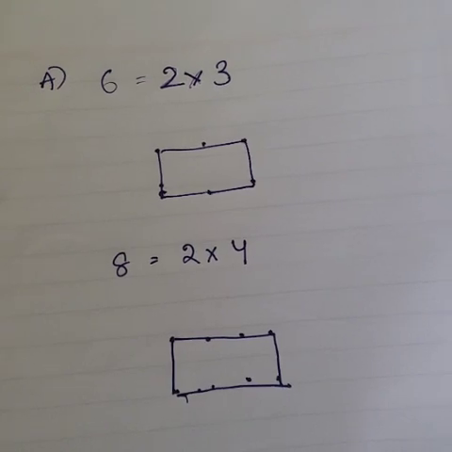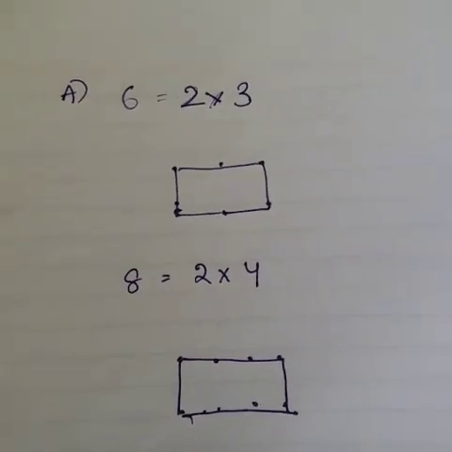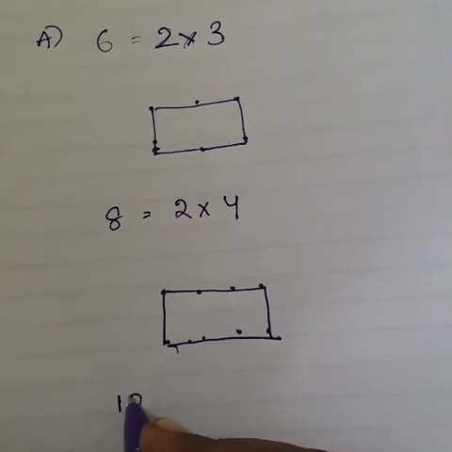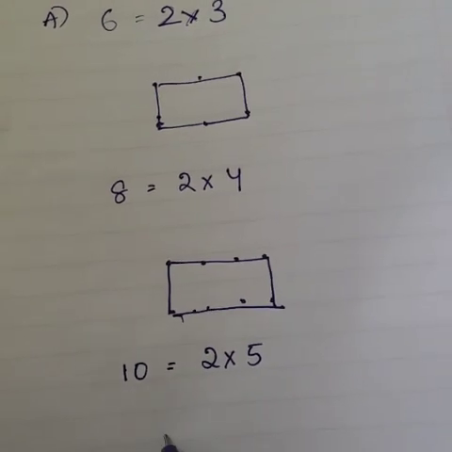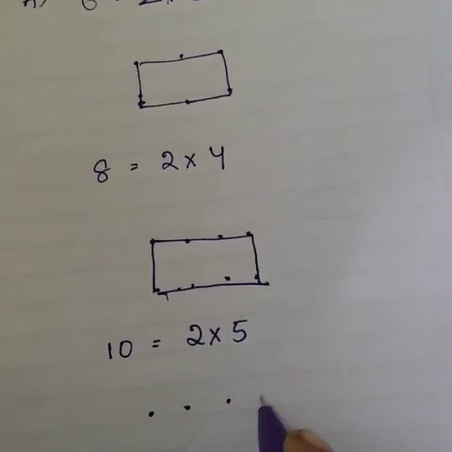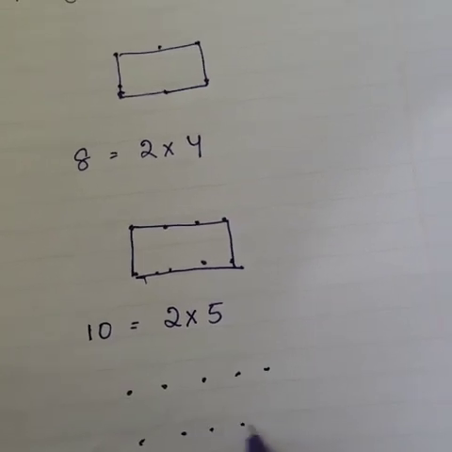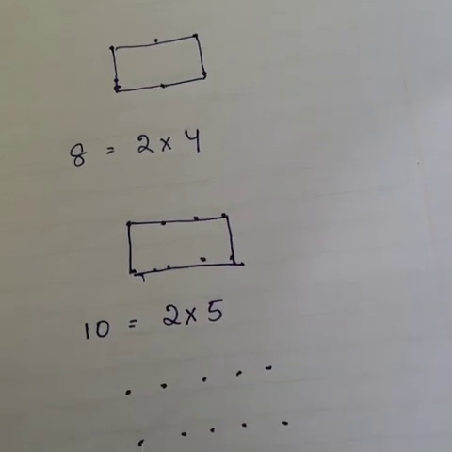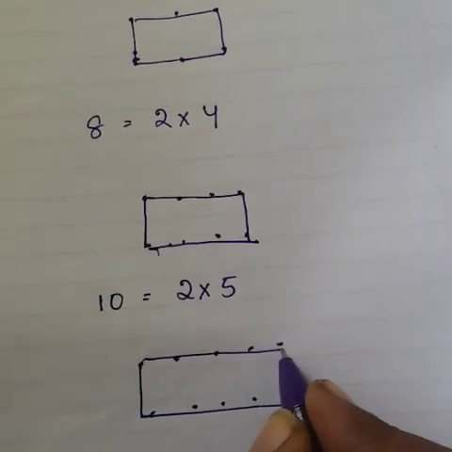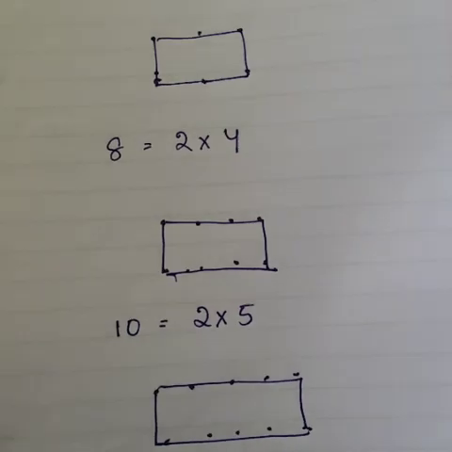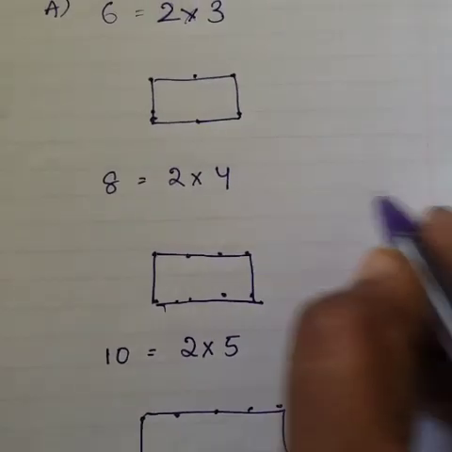Next, 10. 2 into 5. 1, 2, 3, 4, 5. How many dots are there totally? 10. 2 into 5 is also shown as a rectangle. Okay? Next, 12.